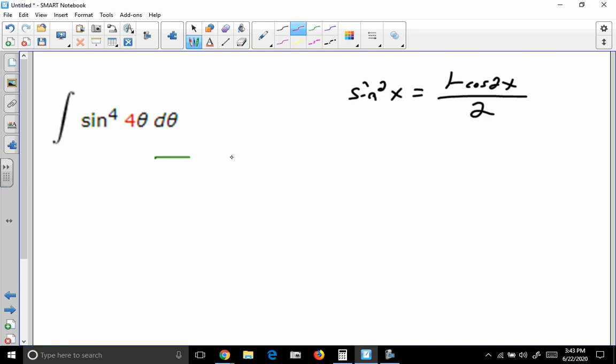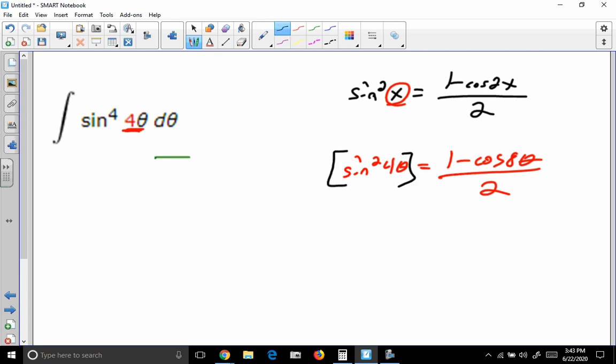So for us, sine squared of 4 theta would be 1 minus cosine of twice that angle over 2. If our input is 4 theta, twice that input is 8 theta. So that's what sine squared is.